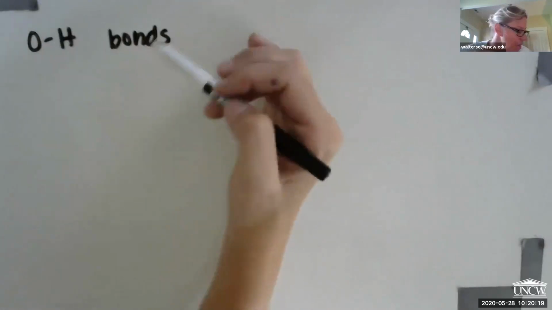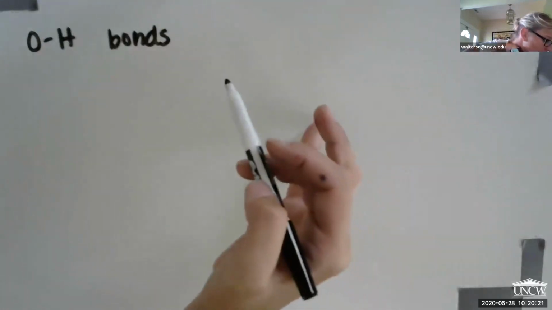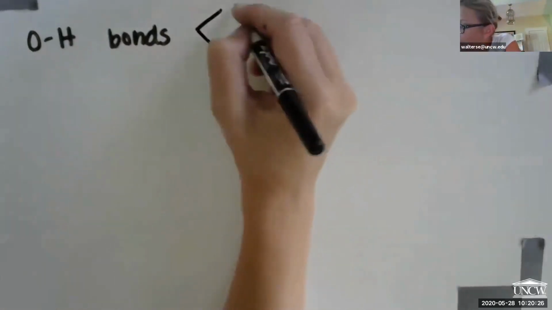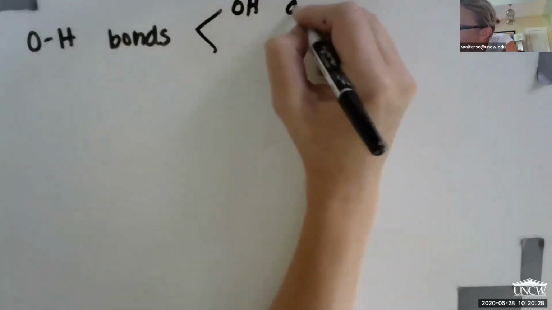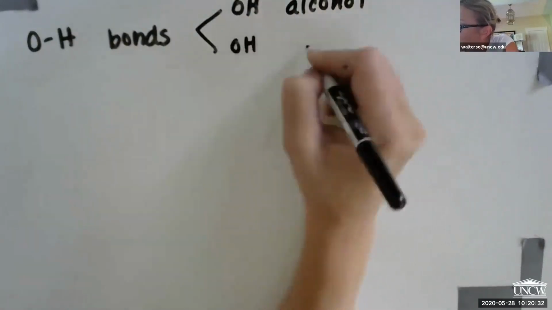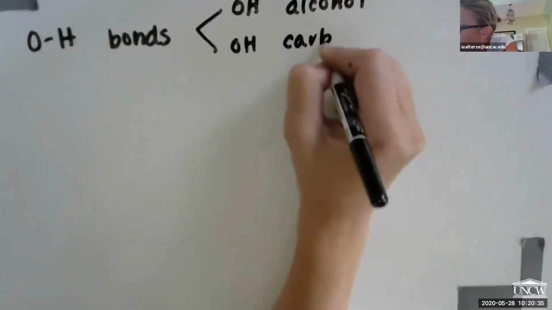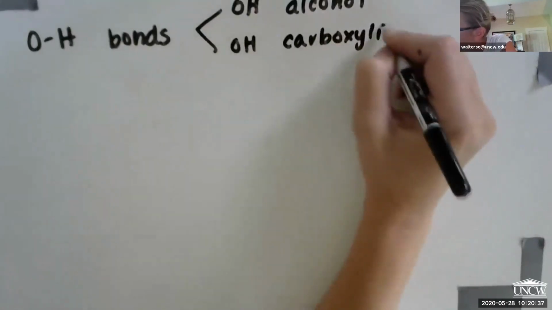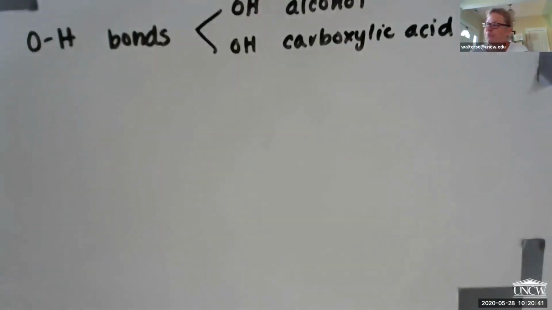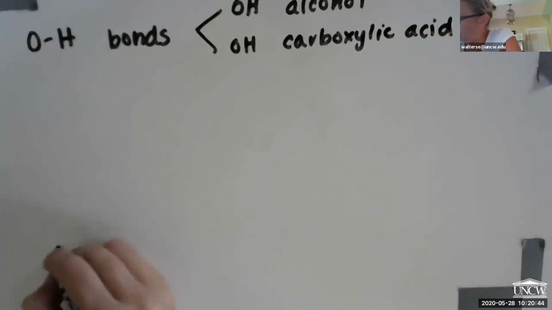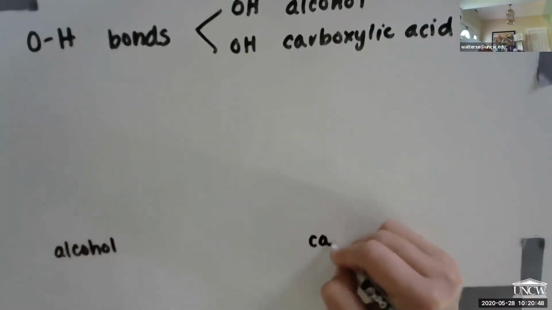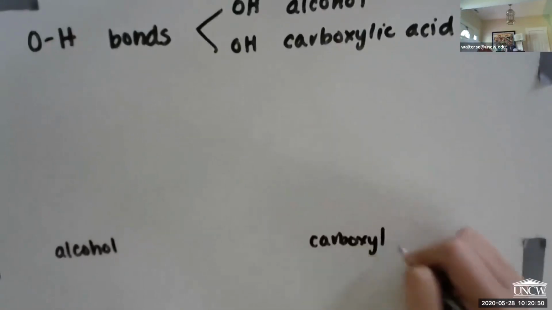So we're going to look at the oxygen to hydrogen stretch in an alcohol, as well as an oxygen to hydrogen stretch from the carboxylic acid. We're going to do the alcohol here and the carboxylic acid over here.